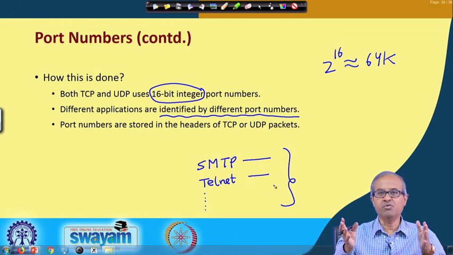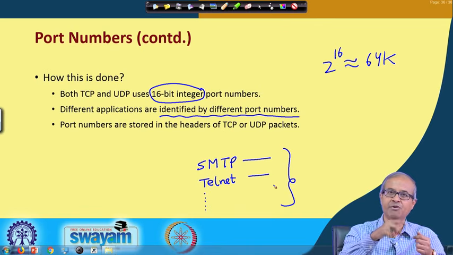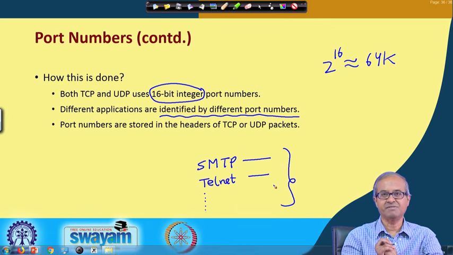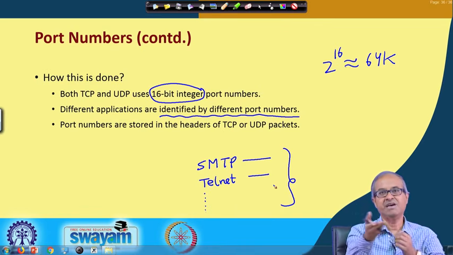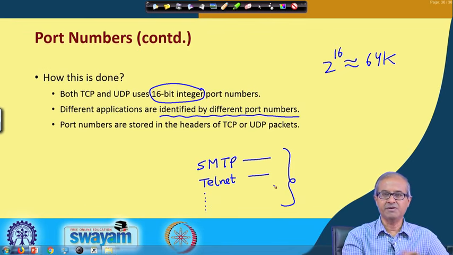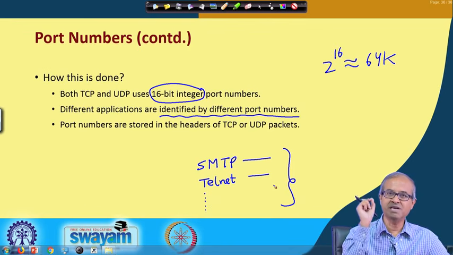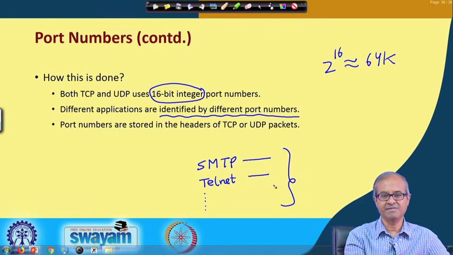Similarly, when I want to send some request to a web server, maybe the web server is working on port number 80, I will be sending a packet saying destination port number 80. So, my packet will automatically go to that web server and web server will process it and send the response back to me. So, by these unique port numbers, I can uniquely identify and contact a particular process which is running on the other end, right.